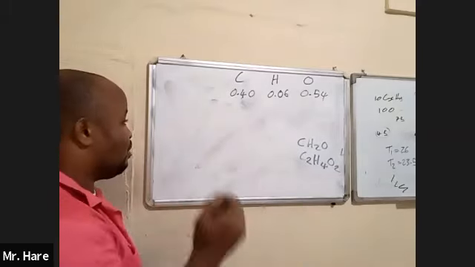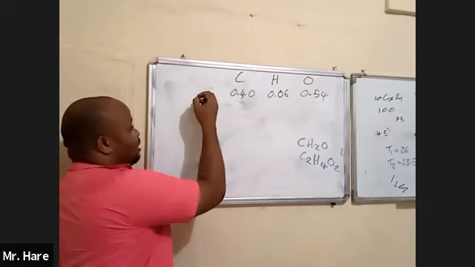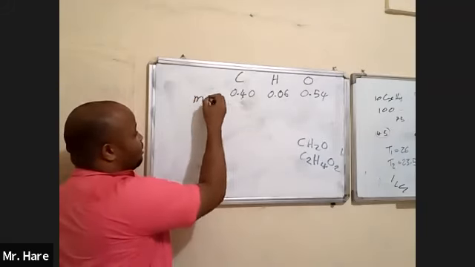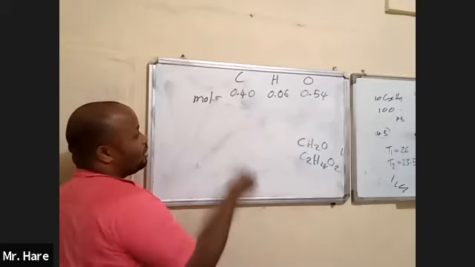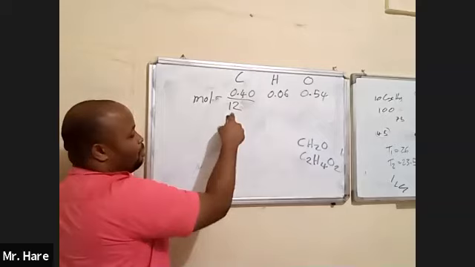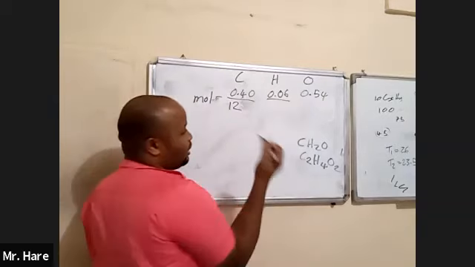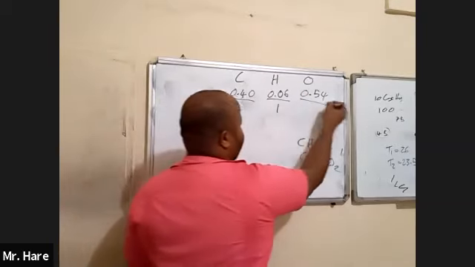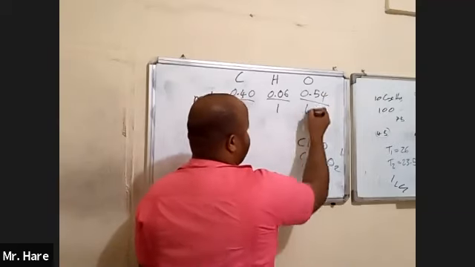Right, the first thing we're going to do is calculate moles. Mole is equal to mass over molar mass. So 0.4 over 12, 0.06 over 1, 0.54 divided by 16.